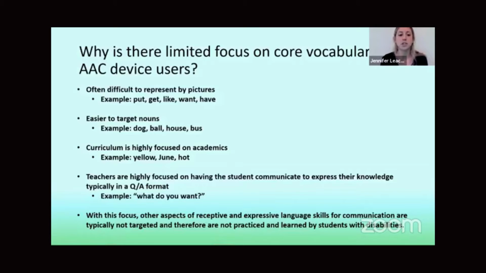A lot of the time teachers or parents, all of us, will ask questions, what do you want? Instead of giving them the option to use their core words to tell the teacher what they want. With this focus, other aspects of receptive and expressive language skills for communication are typically not targeted and therefore are not practiced and learned by students with disabilities.